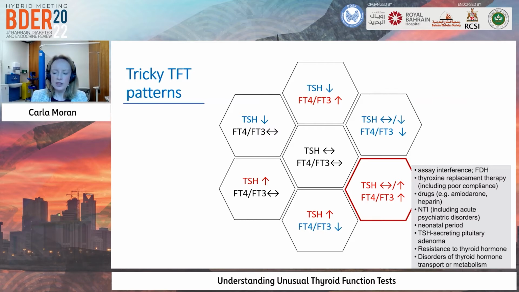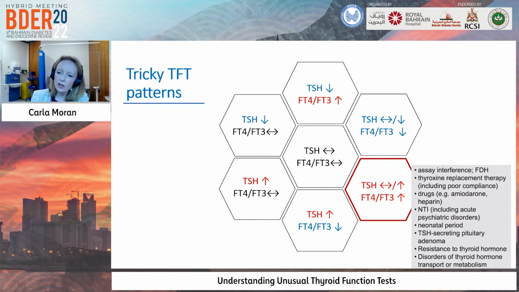Assay interference can arise for multiple reasons. It can sometimes be due to interfering antibodies, and I'll show you some examples of that. And it can also be due to abnormal thyroid hormone binding proteins. And the most well-described thyroid hormone binding problem that results in assay interference is FDH, familial dysalbuminemic hyperthyroxinemia.